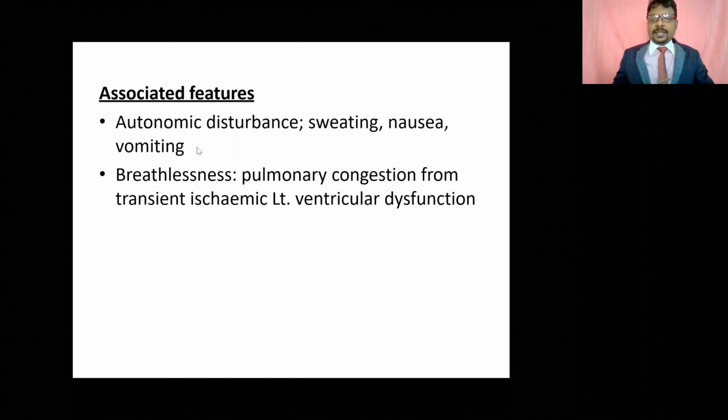Also breathlessness, due to pulmonary congestion in the lungs from transient ischemic left ventricular dysfunction. If there is any problem in the left ventricle, with no pumping action and decreased blood supply, they may get breathlessness. These are the associated features along with cardiogenic chest pain.